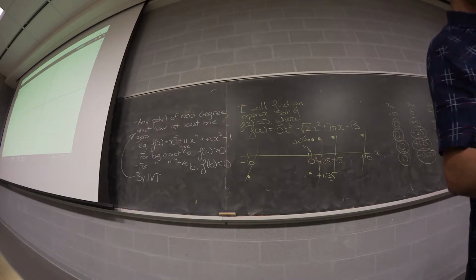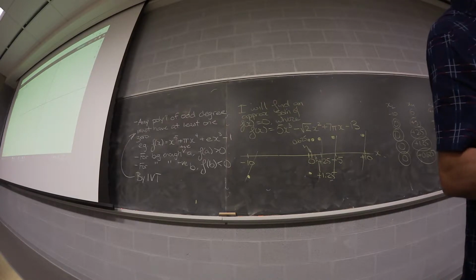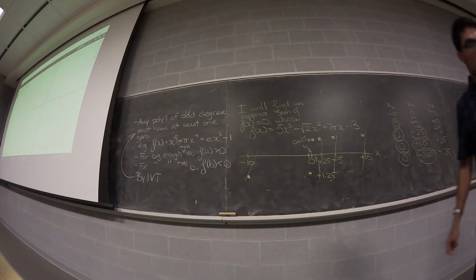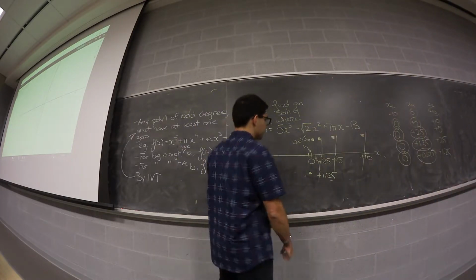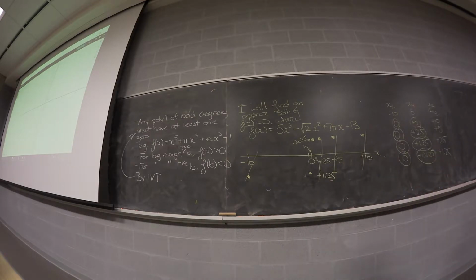You forgot a square on the x. Thank you. Hey, look at that. It crosses at 0.57, which is between there. Good. If I'd been wrong, it would have been very embarrassing.